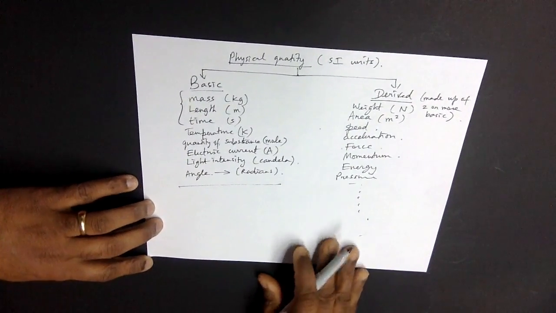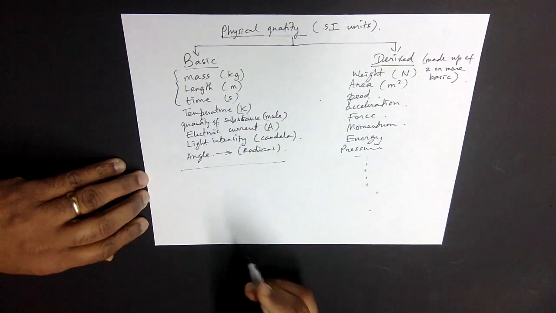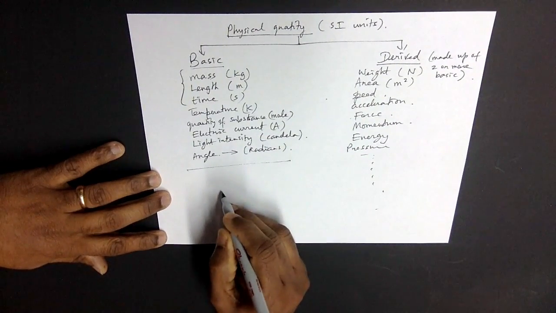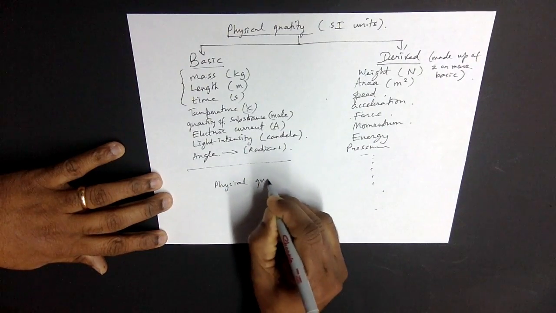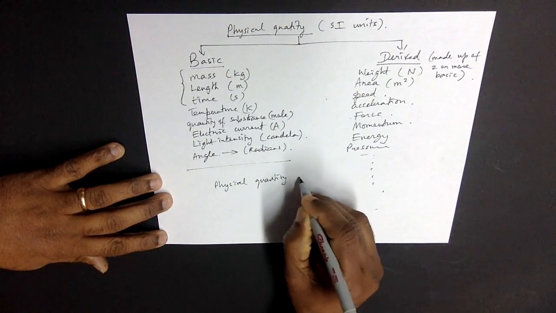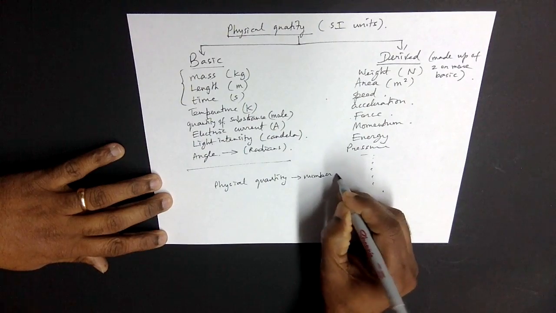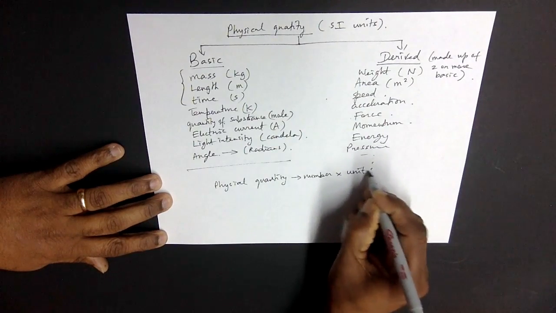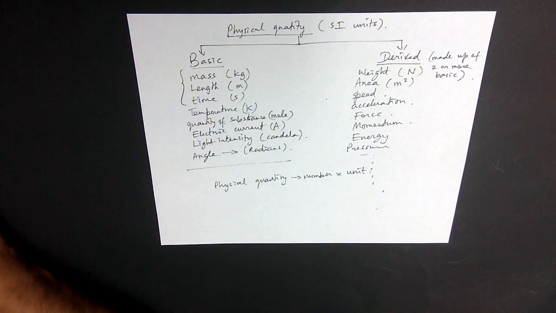Now the other thing you should know is when you measure any quantity, you're going to express the physical quantity in terms of a number and a unit. In fact, it is a product of the number and the unit.